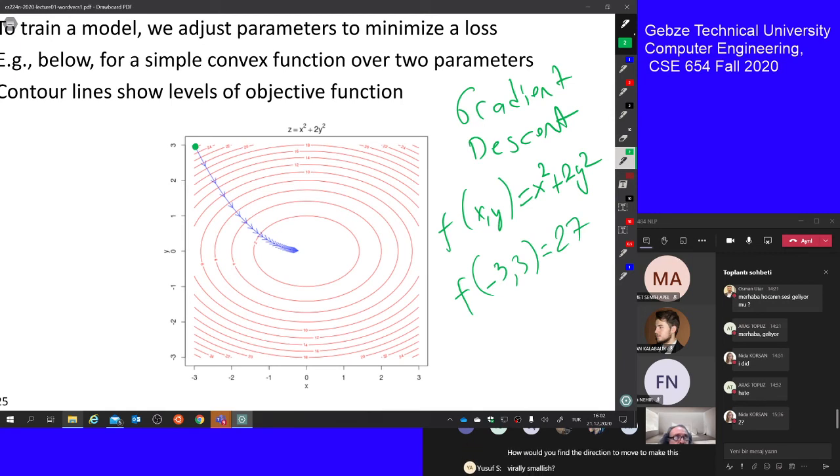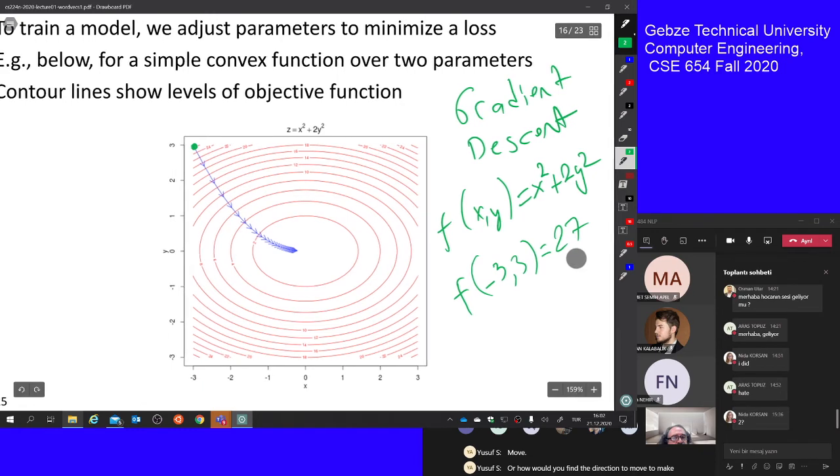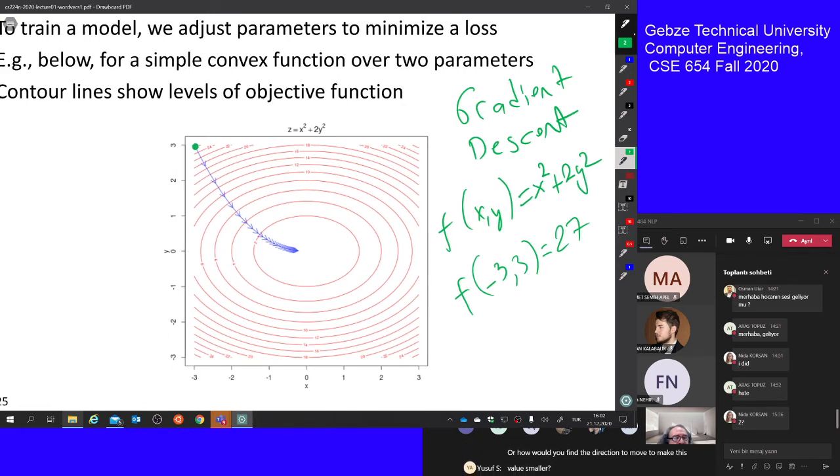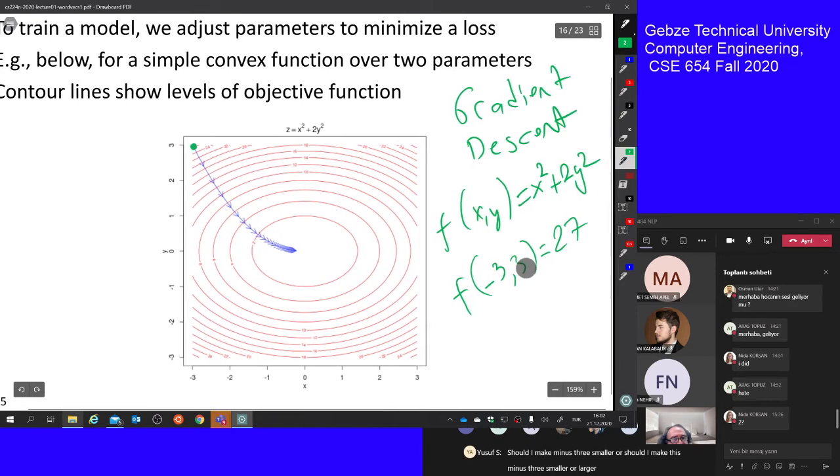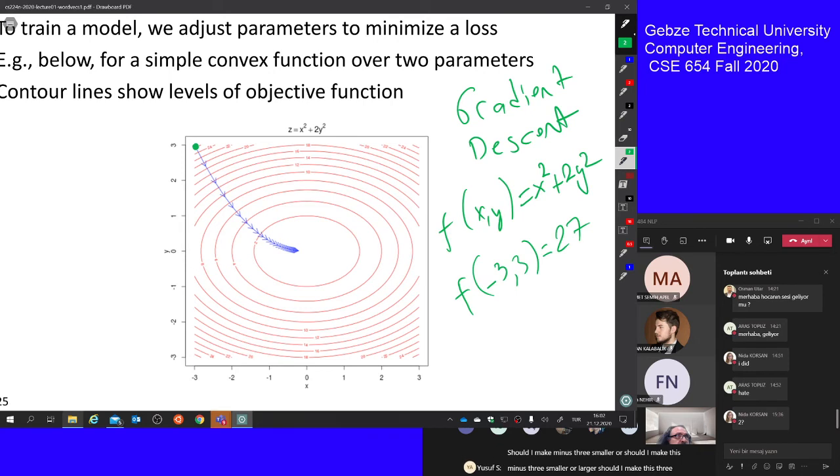Should I make -3 smaller or larger? Should I make this 3 smaller or larger? How would you find the direction to move in this space?